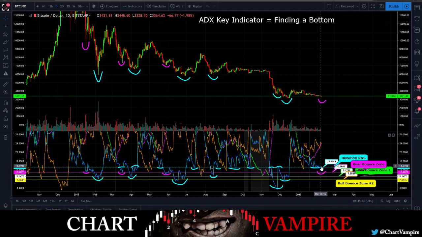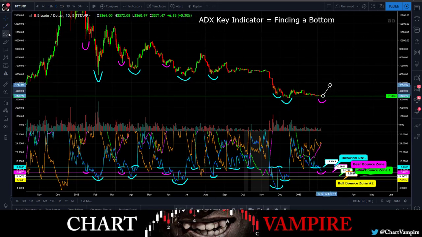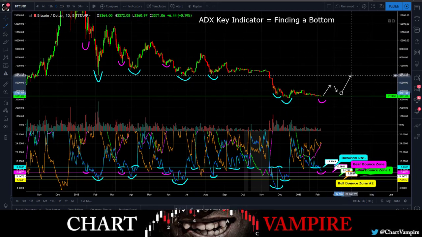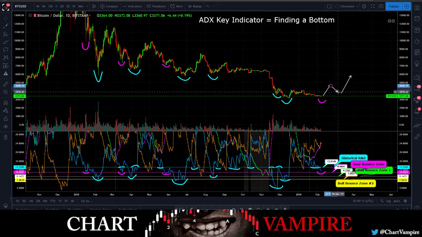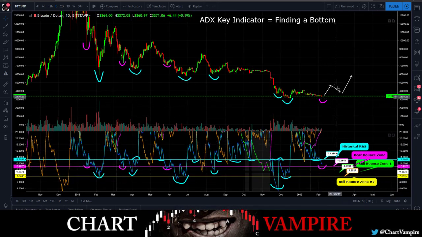Now, here is an interesting fact. If you were to hit a higher high, let's say this went up to a higher high, how will we know? This is a great way to tell when the bull trend is in. If we were to do something like this, and then this right here, and we were to put in a higher low right here, and we were to get all the way down deep and bounce out of one of our golden zones, this would help us to realize that, hey, we're in a bull run now.